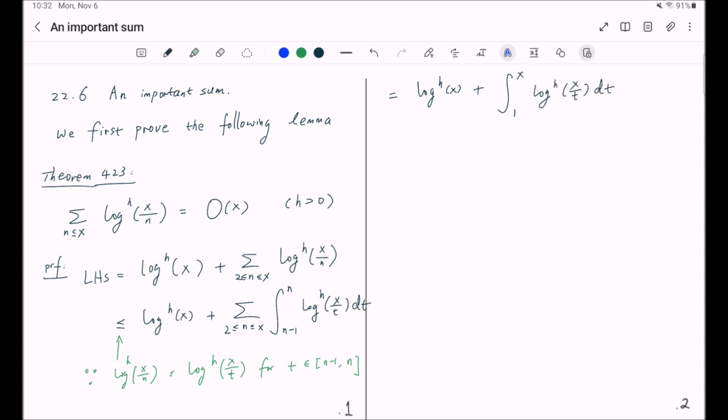And now you see why we have to single out this first term. Because if you don't single it out, this t will start from 0, which is the singularity of this function.